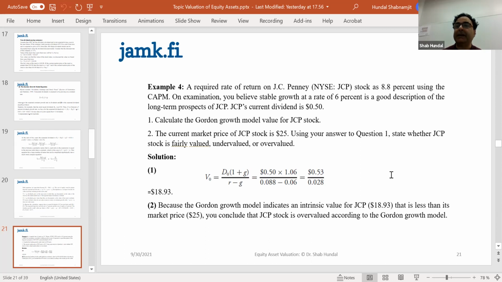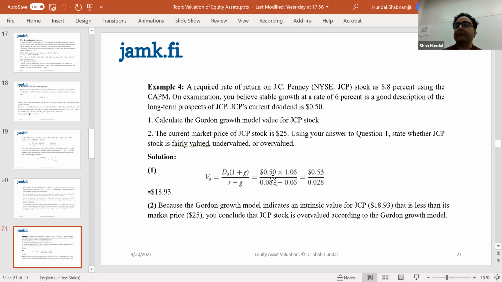And the company's current dividend is 50 cents. So apply the Gordon growth model and calculate the fair value of the stock. So we know that the current dividend is 50 cents, and it is likely to grow at 6%.